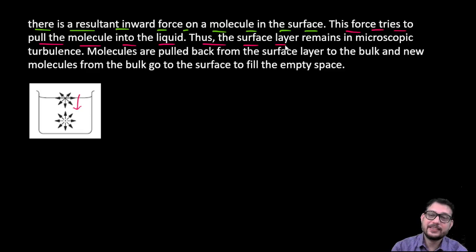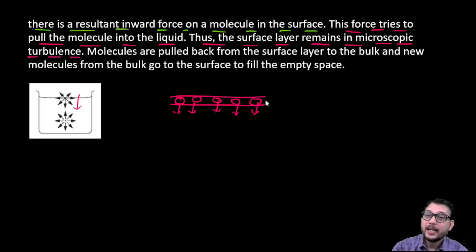Thus, the surface layer remains in microscopic turbulence. It means there will be some hodgepodge conditions, because the molecules of the surface are pulled by the molecules of the fluid itself, and the motion will be downward.